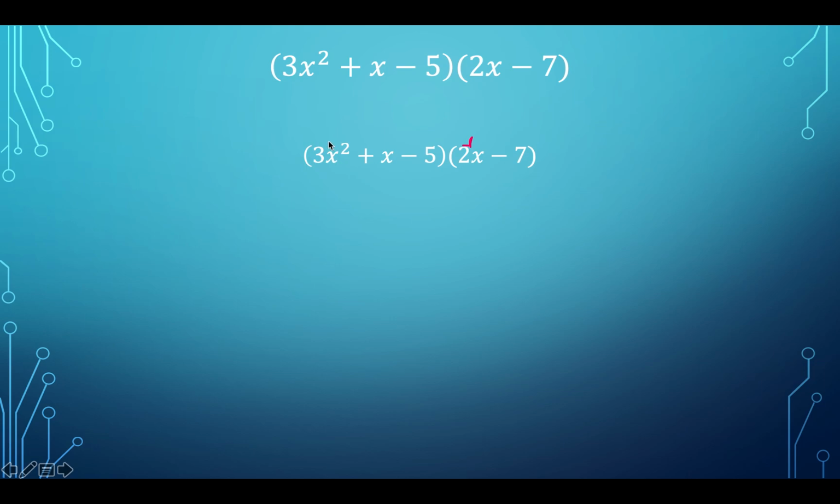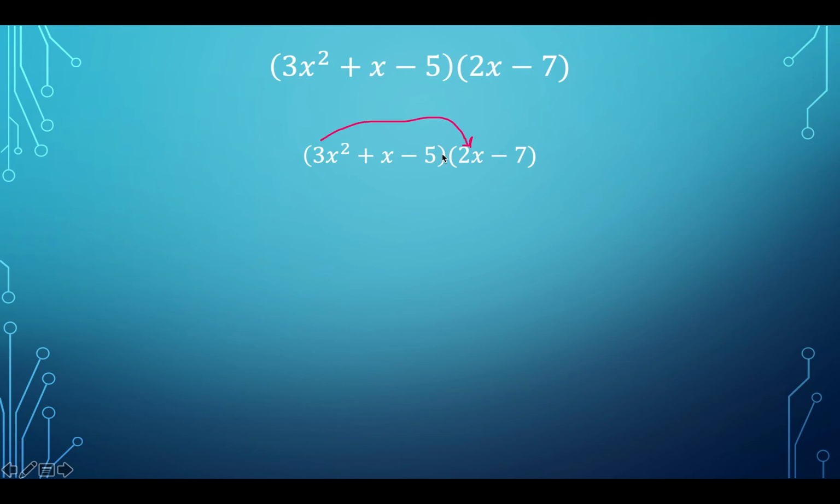So what we're going to have to do is distribute each of the terms in the first set of parentheses to everything in the second set of parentheses. These problems are basically all distribution problems, and then at the end we're going to combine our like terms. So let's practice. We're going to distribute this 3x squared to each term in the second set of parentheses.